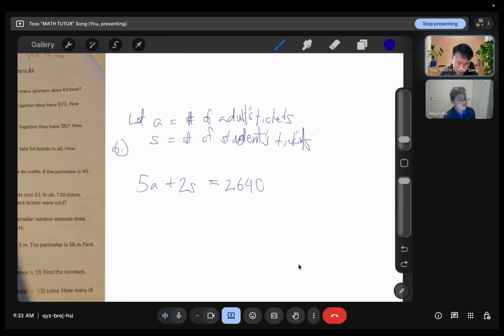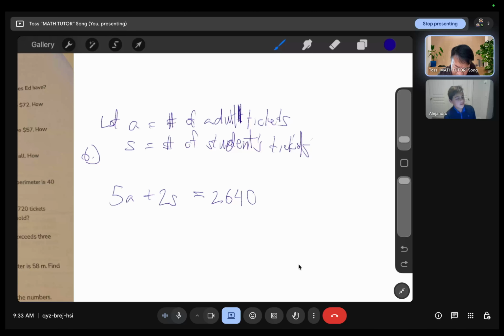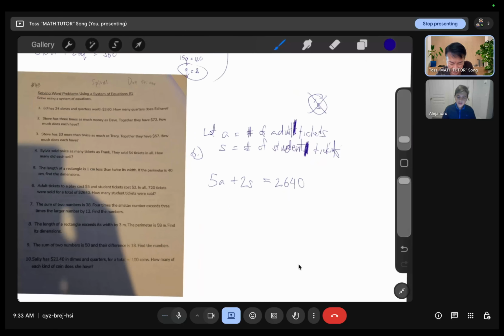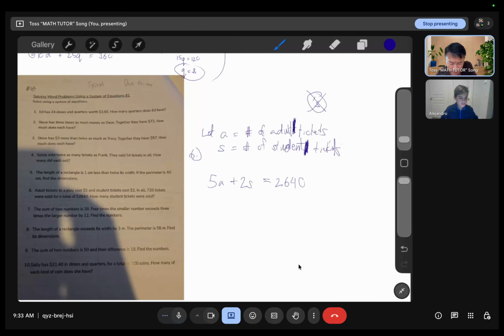I think I grammatically wrote this wrong. I don't think you need to possess it. Just number of adult tickets, student tickets.